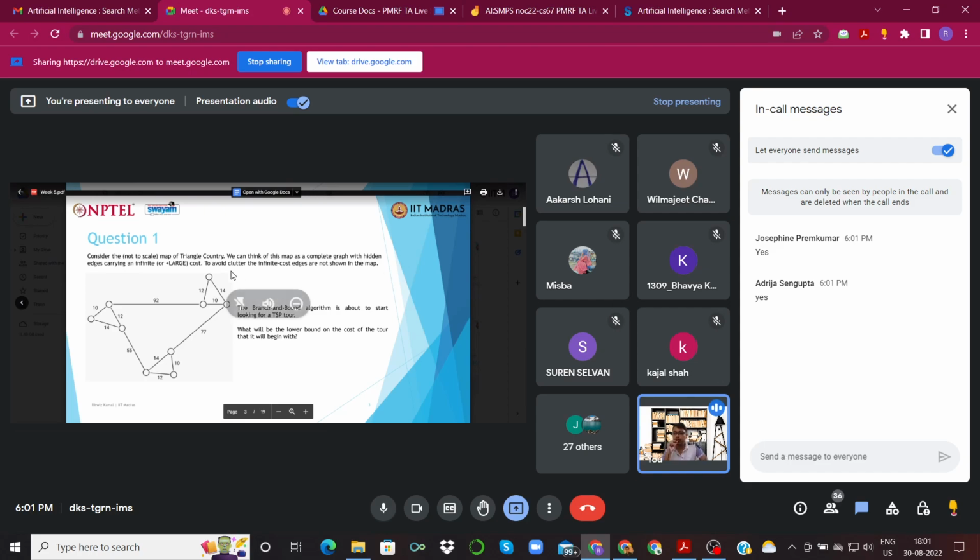So here, if you don't see an edge between certain two nodes, you just assume that those two nodes have an edge with a very high weight, let's say like plus 10,000 or something. To avoid clutter, those edges have not been shown in the map, and we are about to apply the branch and bound algorithm.